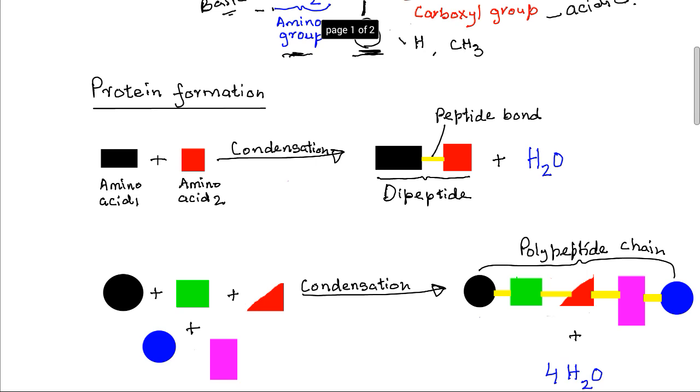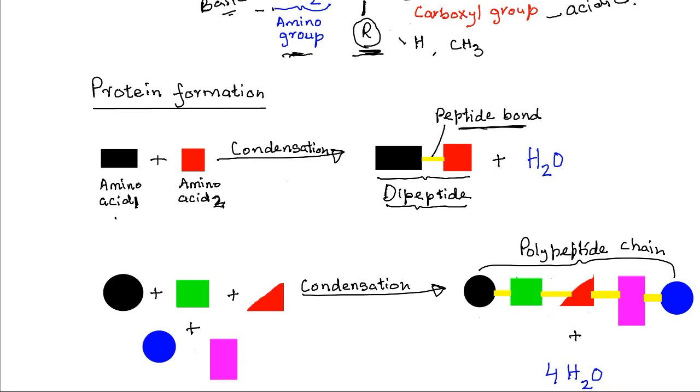For instance, when 2 amino acids, so here we have amino acid 1, combines with amino acid 2, they form a molecule that has 2 amino acids known as a dipeptide. So a dipeptide consists of 2 amino acids, and the chemical bond that joins the 2 amino acids is known as the peptide bond.